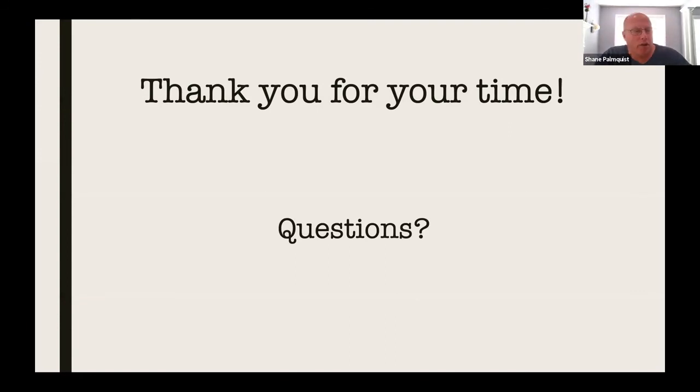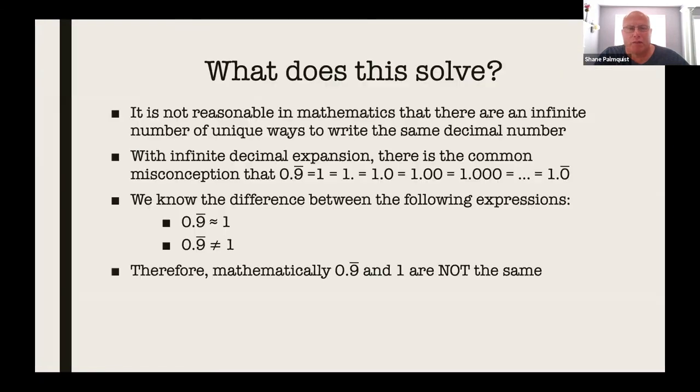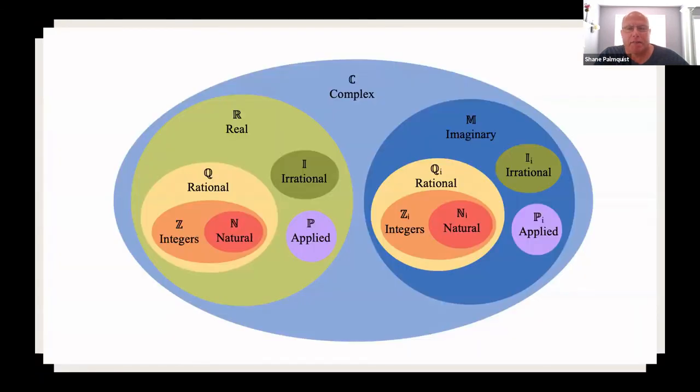And the one thing that's interesting about all of this is, and Cameron, can you switch back to that Venn diagram of all the numbers with the pink applied? So the interesting thing I think in all of this is no matter how we cut the cake, we're always working with these applied numbers because there's always only a finite numbers that we're able to write down, either by hand or by computer.